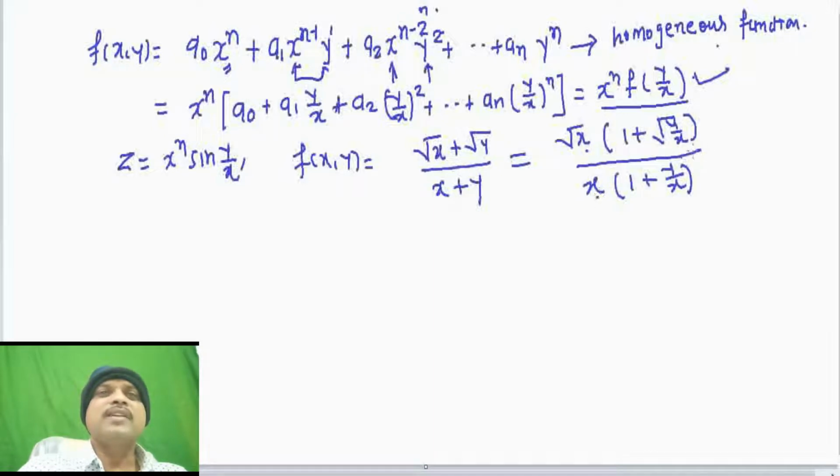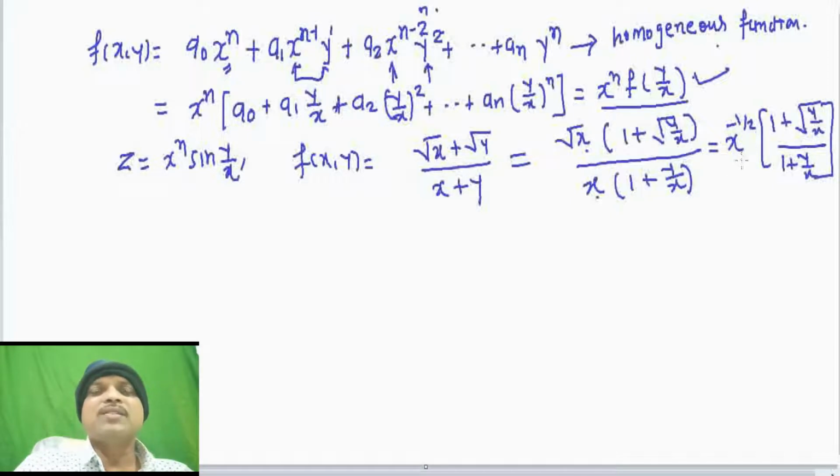Here, root x divided by x we can write as x raised to minus 1 by 2, and the other factor is 1 plus under root of y divided by x, divided by 1 plus y divided by x. So we can easily see that the degree of this function is minus 1 by 2. In this manner we can calculate the degree.